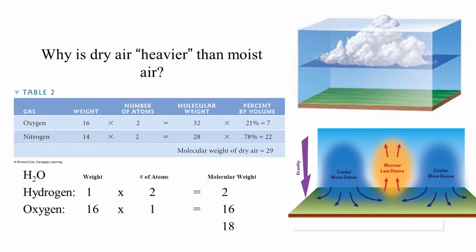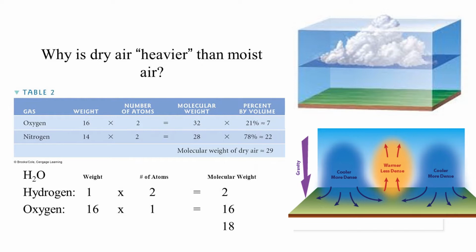Nitrogen with 7 protons and 7 neutrons has an atomic weight of 7 plus 7, equal to 14. Oxygen with 8 protons and 8 neutrons has 8 plus 8, equal to 16. So an oxygen atom weighs 16, a nitrogen atom weighs 14.